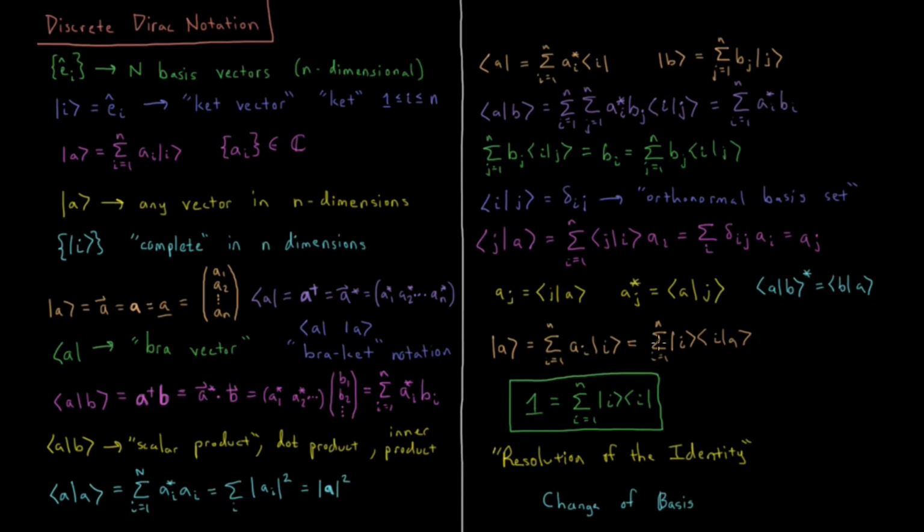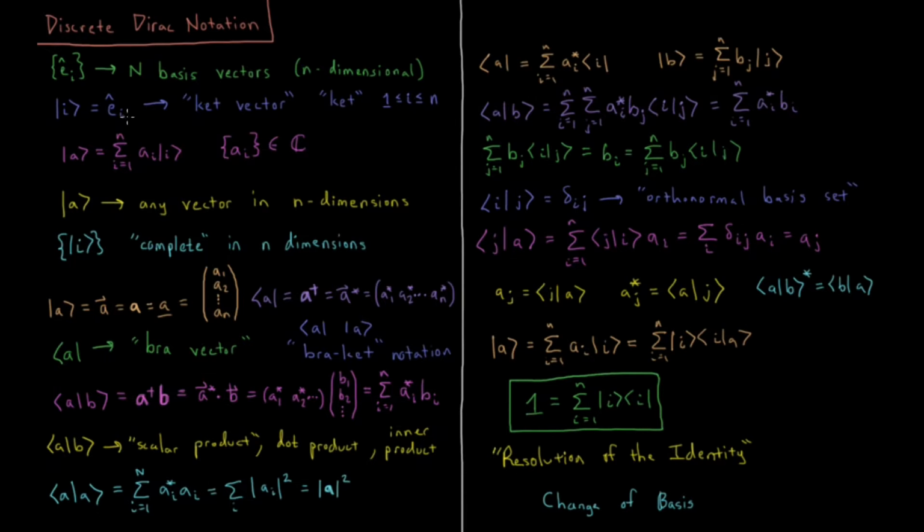And we know that a has to equal a, so the result is that this part here has to equal 1. So 1 is equal to the sum from i equals 1 to n of the ket of i times the bra of i. This is called the resolution of the identity, and we're going to use this in future videos to derive how we're going to change basis sets.